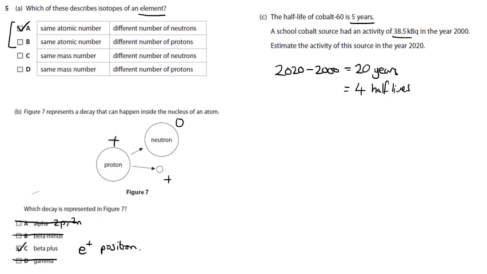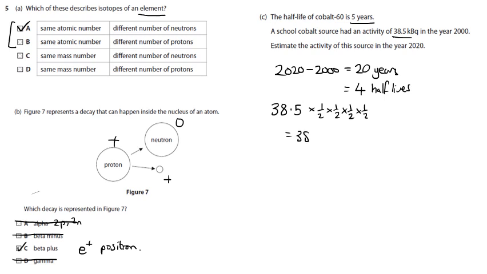Now, what is a half-life? A half-life is the time it takes for the activity to decrease by half for a sample. So it must mean that 38.5 kilobecquerels is halved 4 times. So a half times a half times a half times a half.